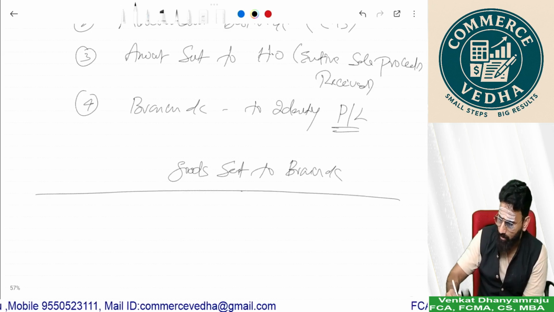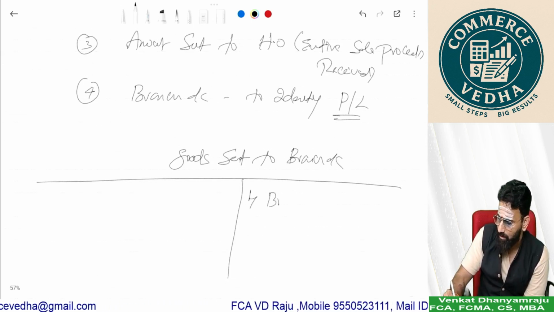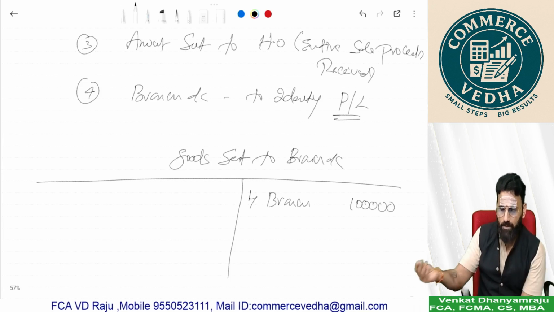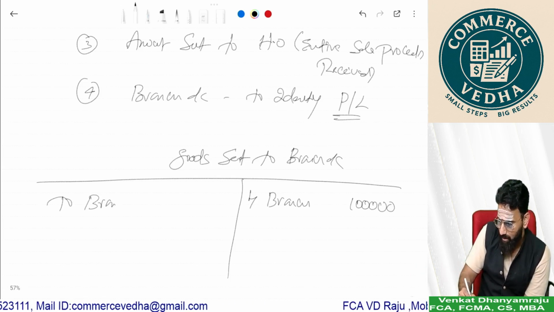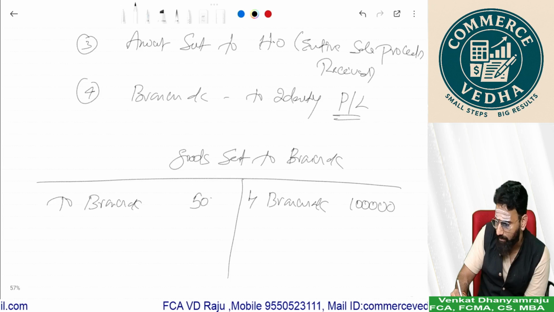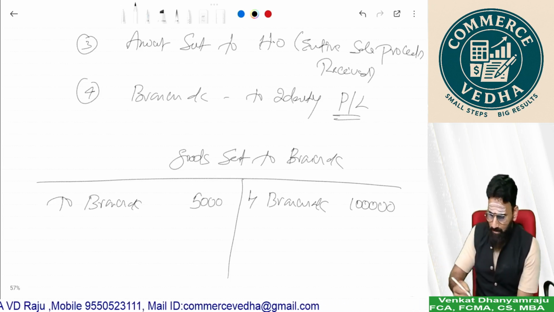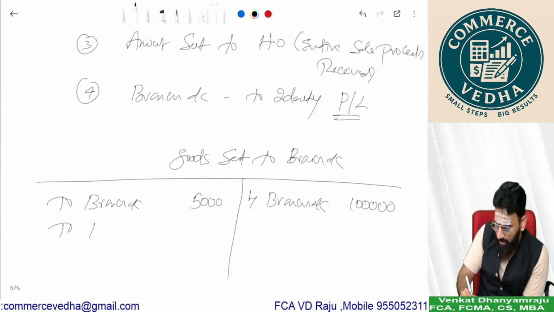Why this account? By branch I received 1 lakh, to branch sent you back 5,000. So net with branch is 95,000. From where did I send it? From my purchases account.